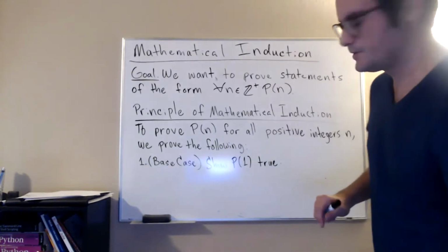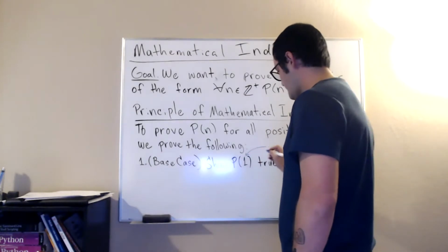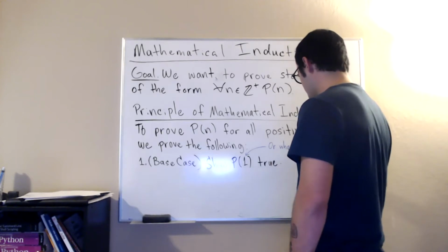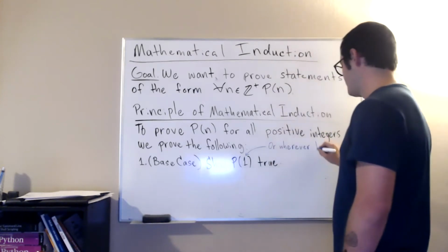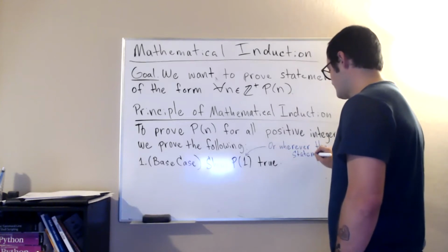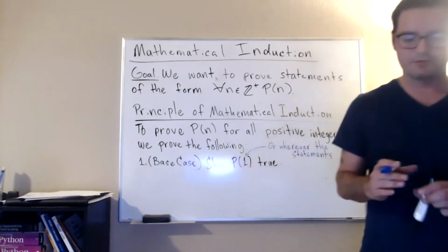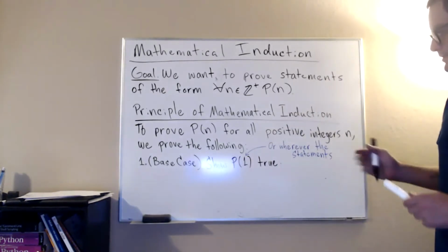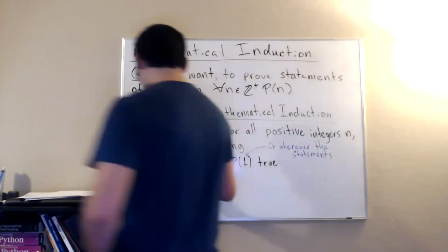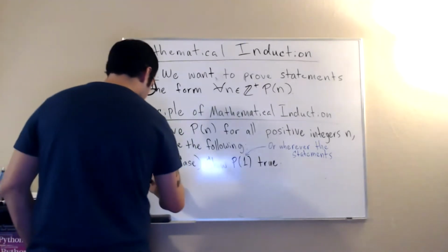Now here, I should probably note, wherever the statement starts. Sometimes the statement will start at like 2 instead of 1, or 0 instead of 1. But yeah, just the first n for which the statement is considered. And then number 2, this is called your inductive step.